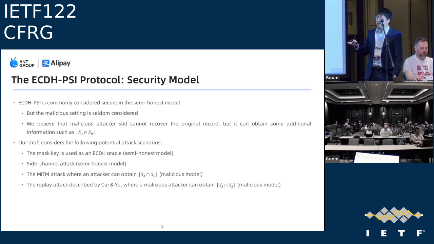And also the man-in-the-middle attack, where an attacker can obtain the cardinality of the intersection in the malicious model. Finally, a replay attack described by Cui and Yu, where a malicious attacker can obtain the cardinality of the intersection between SA and SA prime, which I will explain later.